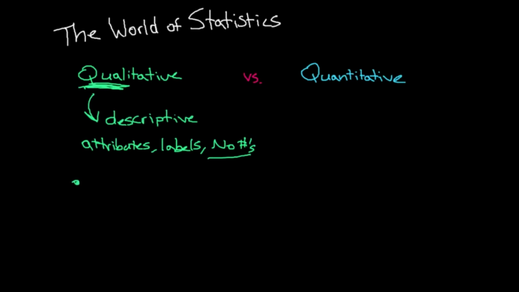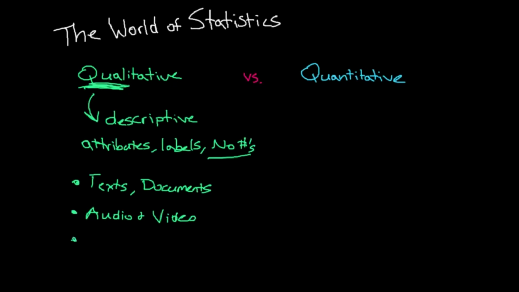How do we generate qualitative data? There's a couple things that generate qualitative data. They could be texts or documents, so books, different types of documents. We have audio and video, so that can bring on qualitative data.